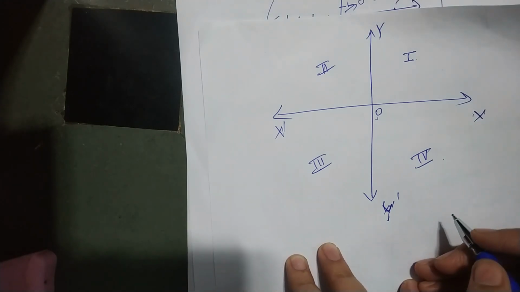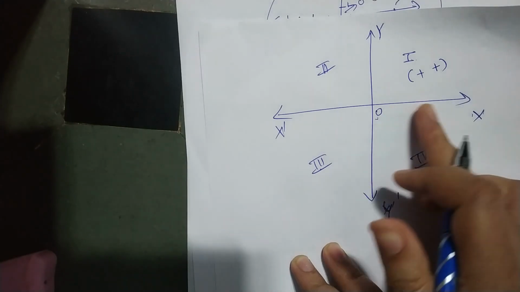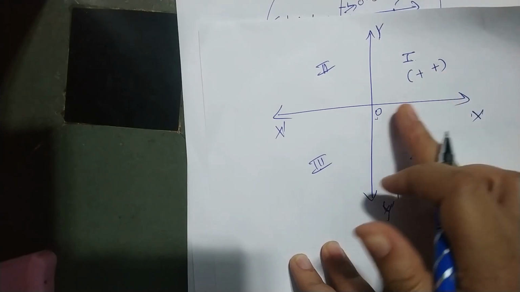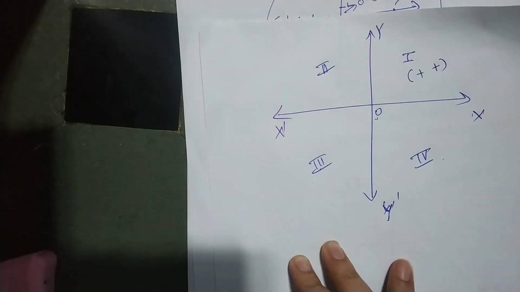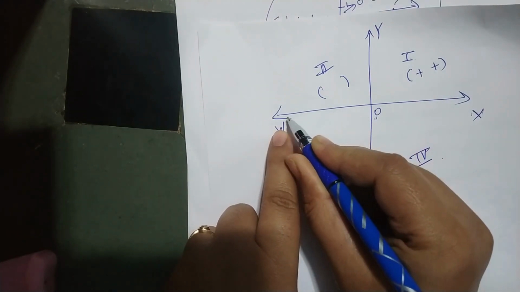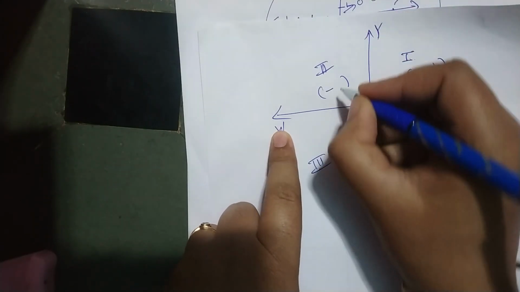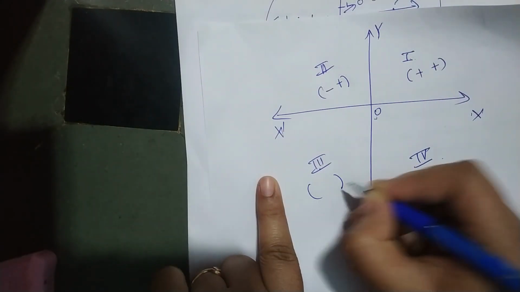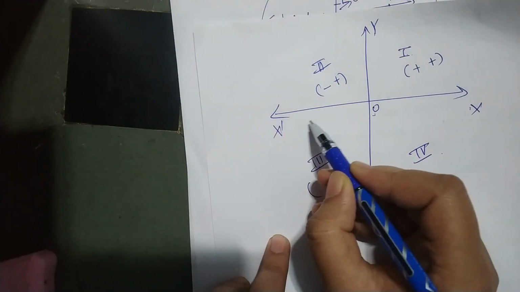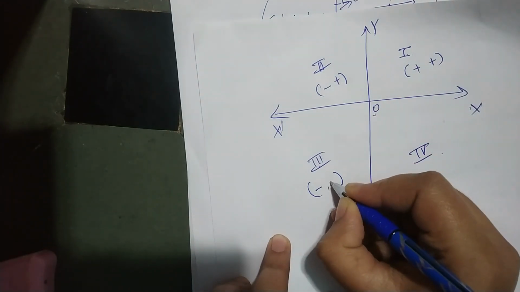The sign associated with the first quadrant is plus plus, because the values of the x-axis will be positive and the values of the y-axis will be positive. What about the sign associated with the second quadrant? First we take the x-axis values, which are negative, and next the y-axis values, which are positive. Similarly, for the third quadrant, the values of the x-axis are negative and the values of the y-axis are also negative.